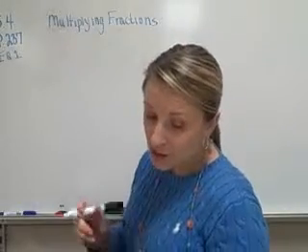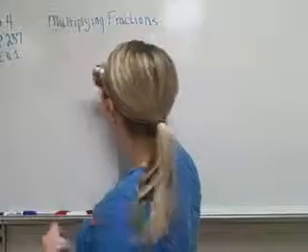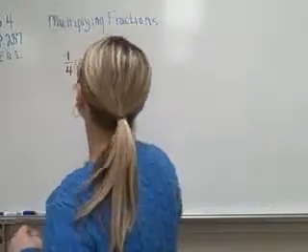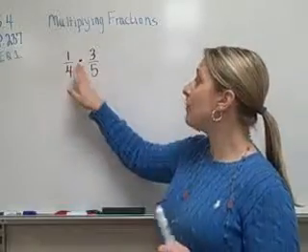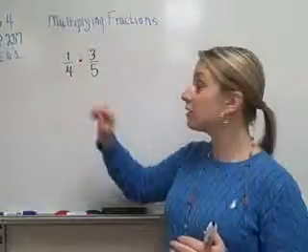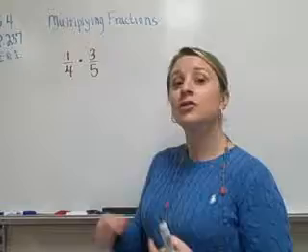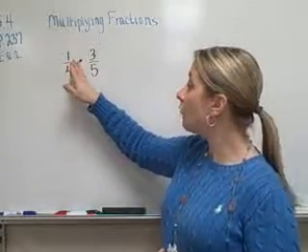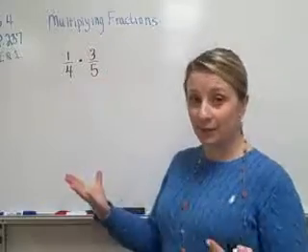Okay, so let's start with a kind of easy example. Let's start with 1/4 times 3/5. Now, in math, we've learned before that multiply means "of." So really, what we want is 1/4 of 3/5 of something.